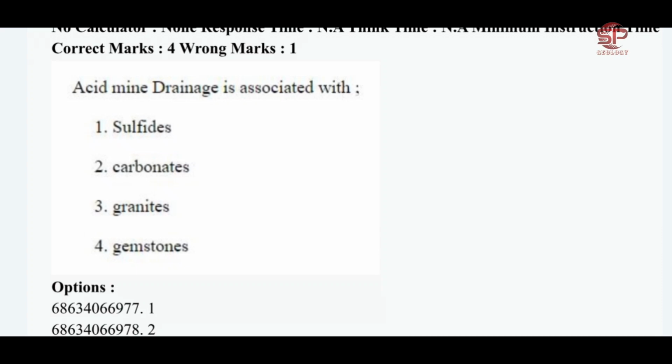The acidic water forms through chemical reaction of surface water with the metals from the mines. Acid water can come from rainwater, snow melt or pond water when it comes in contact with sulfur-bearing minerals, which results in sulfuric acid. So acid mine drainage is associated with sulfides.